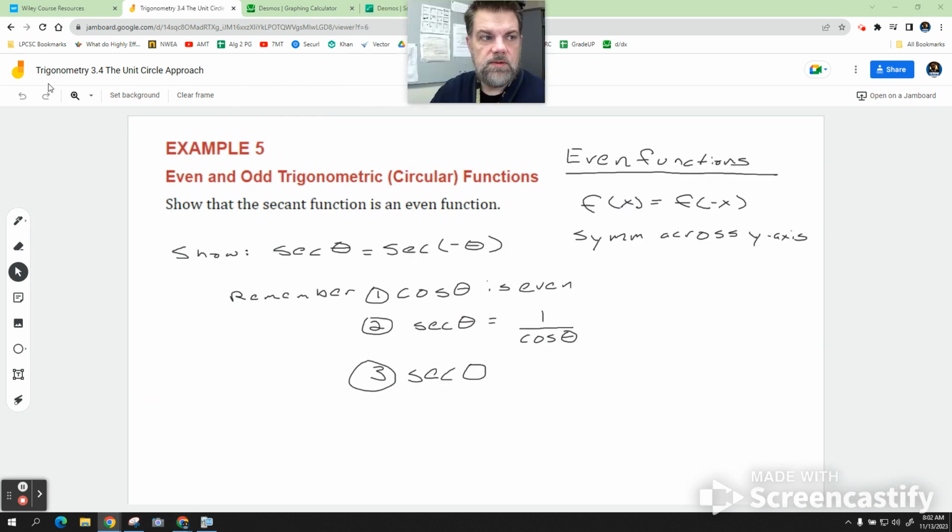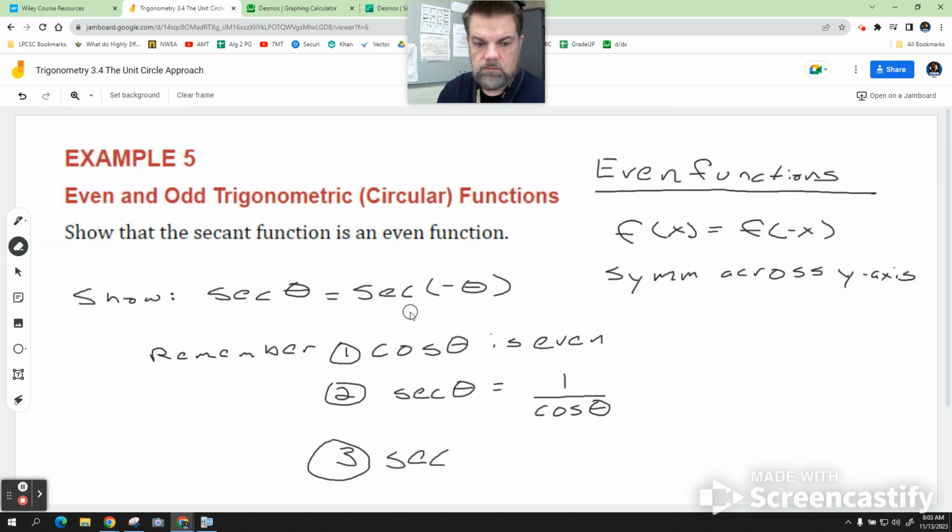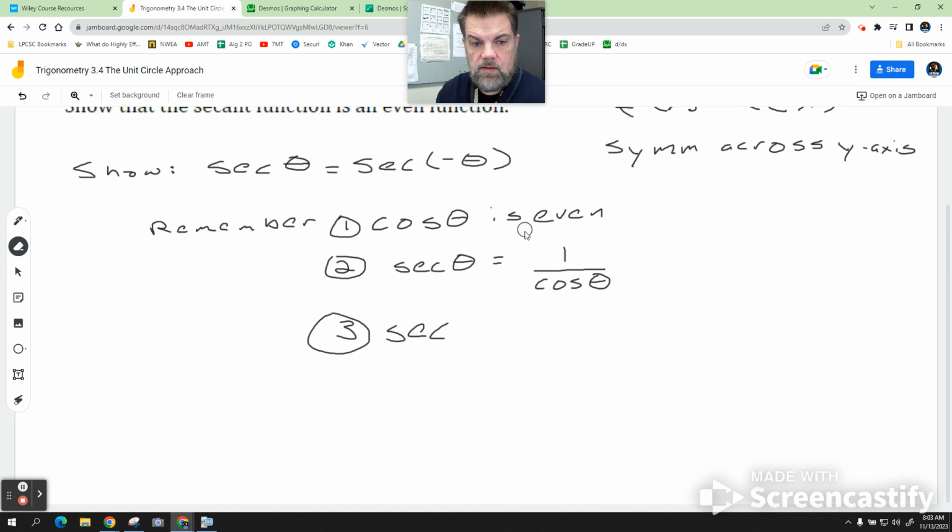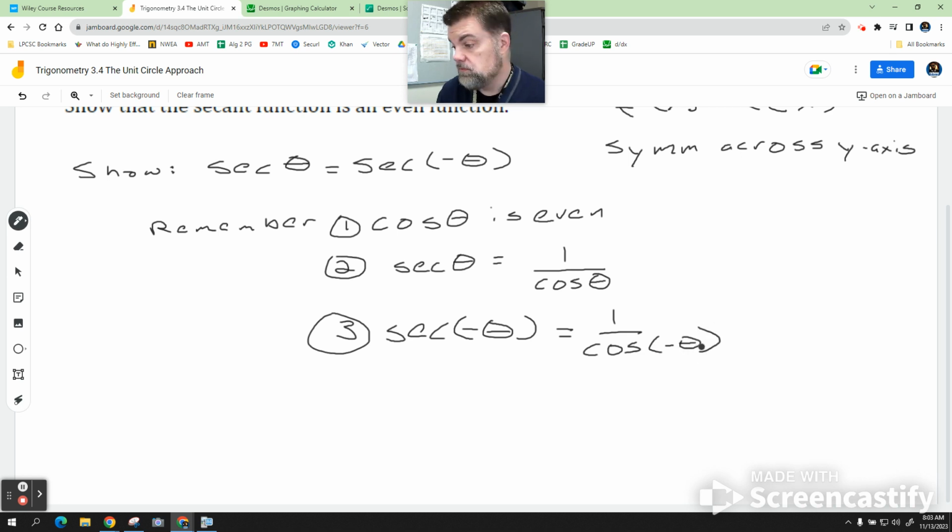So then secant of negative theta would be equal to 1 over cosine of negative theta, right?